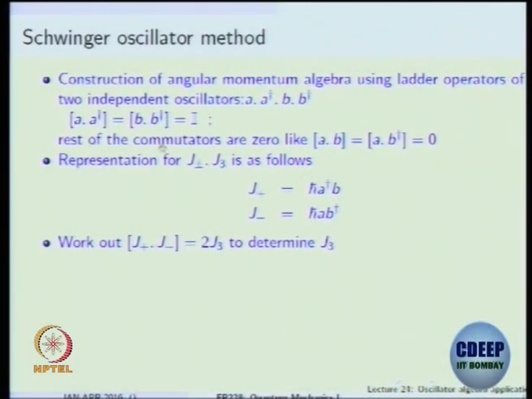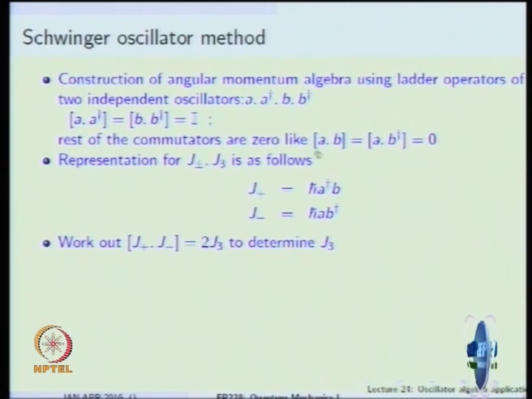So we are going to write an address. This is what is called a representation. You can represent the angular momentum ladder operators J plus, J minus and Jz or J3 as follows. Let's take two ladder operators with one of them as raising and another one as lowering.